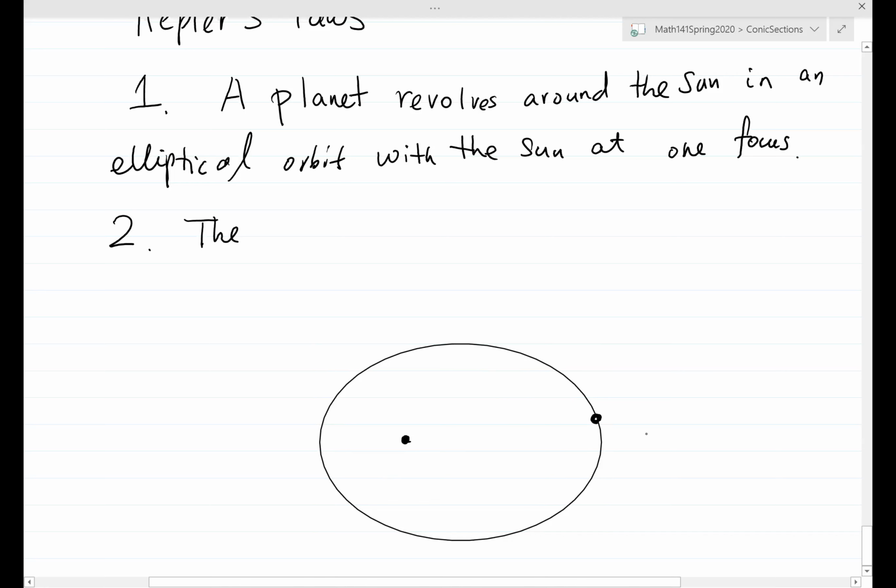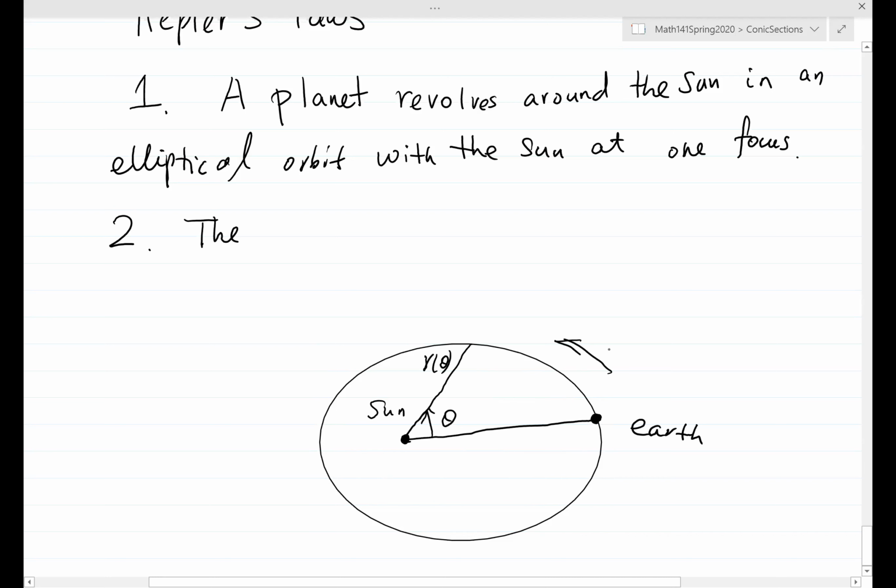Suppose this is the Earth, and this is the sun. We just view them as particles, forget about their size. Here r is a function of theta. So this is theta, and it travels along this curve.